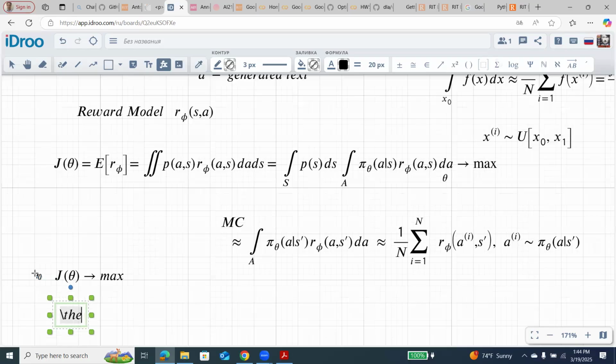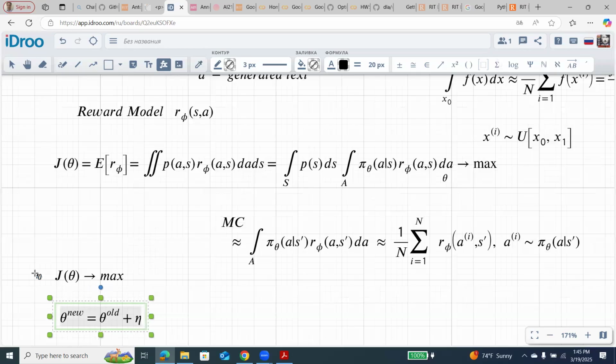So we update the weights of our original assistant model by this formula, plus, I'm writing this simple version of gradient ascent.